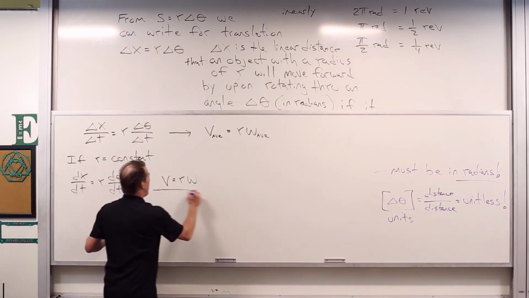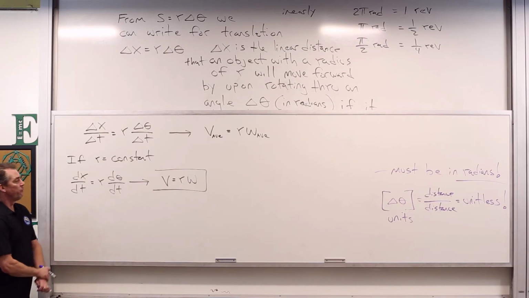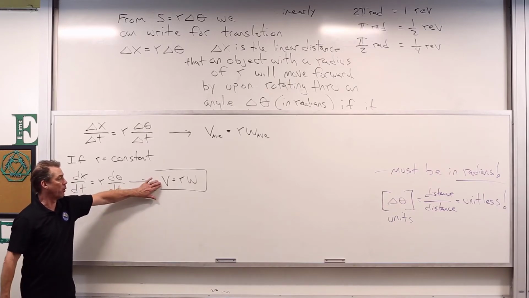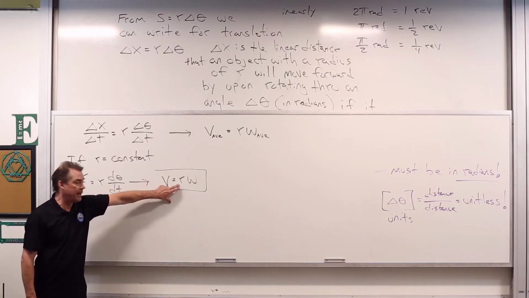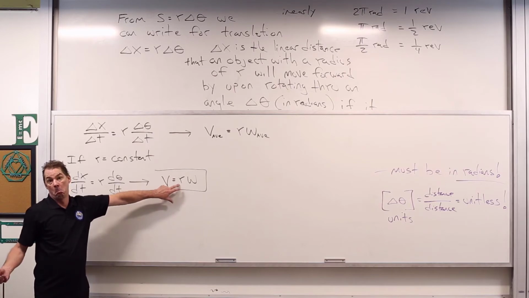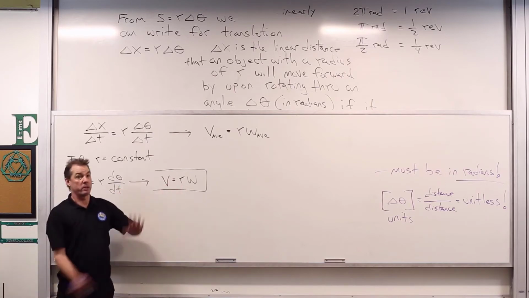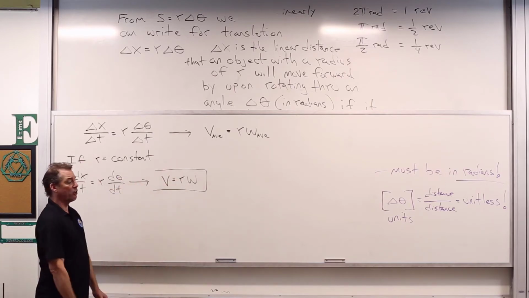This is nice to be able to write out. If we know how fast it's rotating, and we know that it's translating its rotation, we know how fast it's moving forward. It depends though. It depends on its radius. The larger the radius, the more it's going to move forward for a particular angular rate.